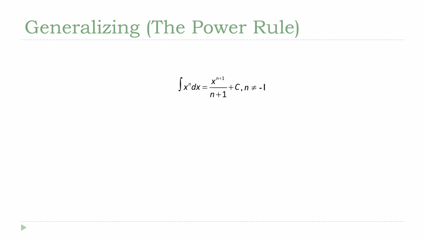And we do have to throw in this little caveat. This does not work for n equals -1. Obviously, when n equals -1, that will make the denominator 0, and we'd be in all kinds of trouble. That x to the -1 is a special case, and seeing what the antiderivative of that is will have to wait until the second semester of the class. We'll talk about that some more then.